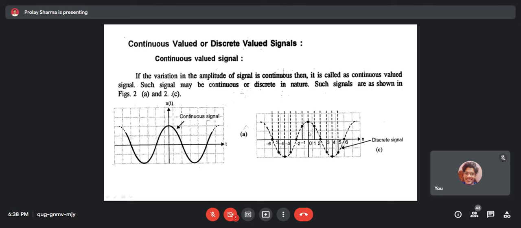But in the discrete signal we are not taking all the details, only some sample values. So the storage needed for this type of signal is reduced drastically. If we want to store the continuous signal, we need much larger memory space, because an infinite number of sample values are present.